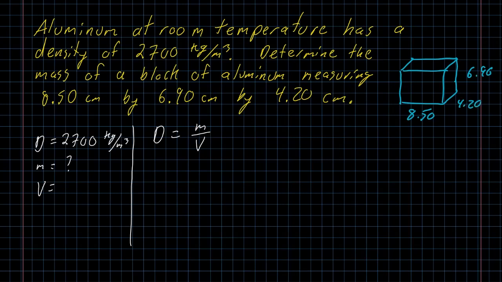So we can write down the formula for the volume of a rectangular prism. It's length times width times height. And we can write down those variables, L, W, and H.